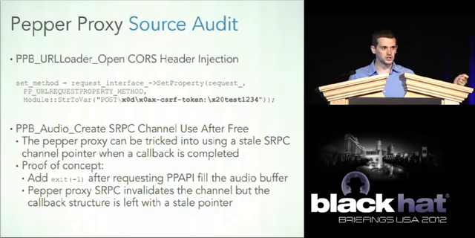But while it was busy, the NextC module would invalidate that SRPC channel. And then when the Pepper implementation was done, it would call the stale SRPC channel pointer, and you'd get an exploitable use after free. And the proof of concept for this bug was great. I just added a call to exit after I called that function, and it instantly sad tabbed Chrome.